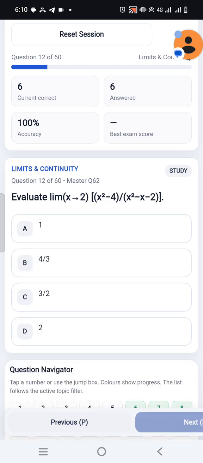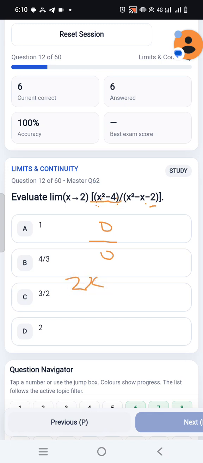So this one too. Let's look at x squared minus 4. 2 squared will give me 4. 4 minus 4 is 0. All over x squared minus x minus 2: 4 minus 2 minus 2, get 0 over 0. So I can apply L'Hopital's rule. Differentiate this x squared minus 4, that will give me 2x.